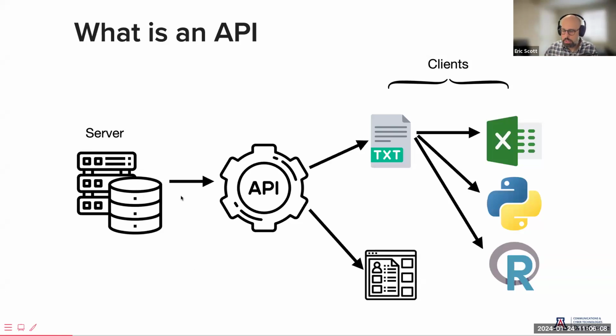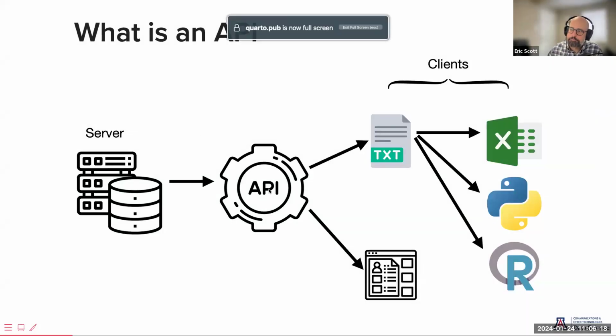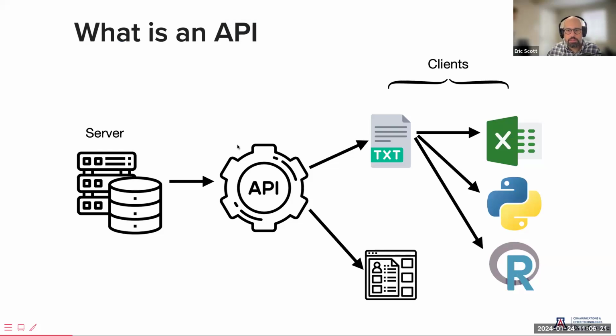So what is an API? Hold on one second. I gotta find all my windows here. So APIs provide some way that data can be accessed via the web through URLs. And that allows all sorts of different, what we call clients, to access the data. So there's some server somewhere that has some data, some database, and the API provides URLs, basically web access to that data.